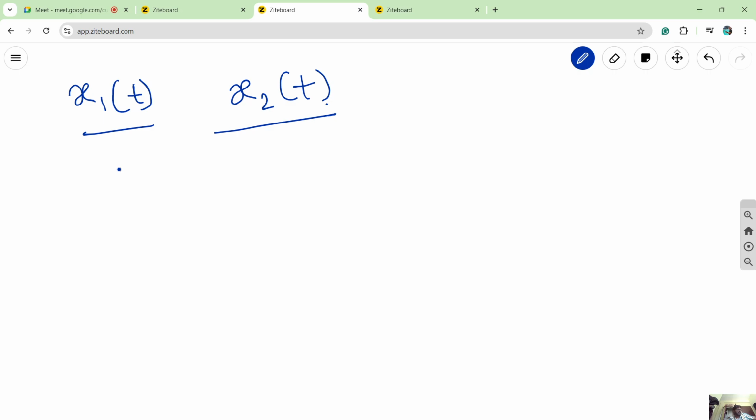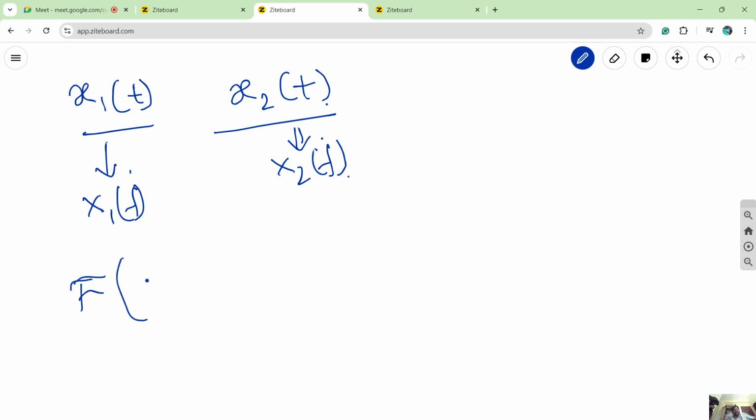Suppose this has a frequency domain pattern of X1 of f, and this has X2 of f. So if I take the Fourier transformation of the input signal, what is the input signal?